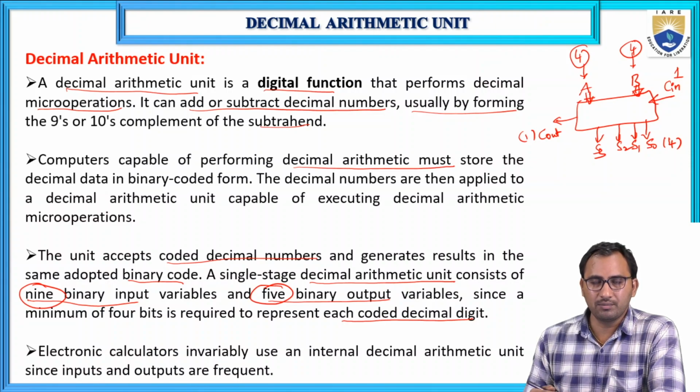Then it performs operations like addition, multiplication, division, and subtraction, and finally gives the results directly in the form of decimal numbers. So there is no need of converting numbers from one form to another. That's why we design the CPU in such a way that it supports decimal numbers directly.